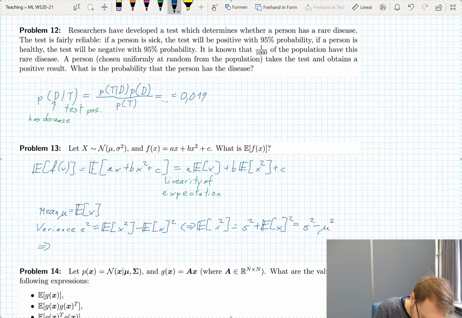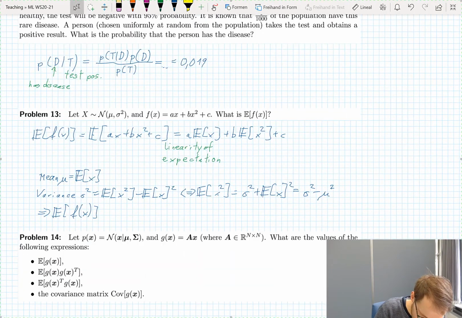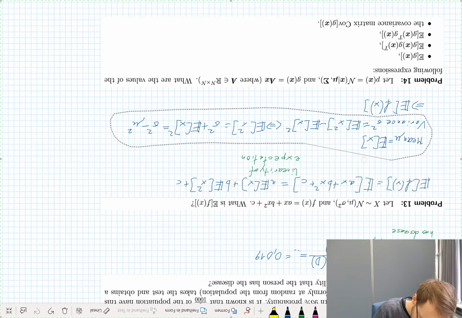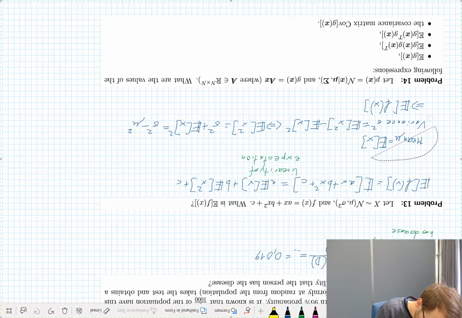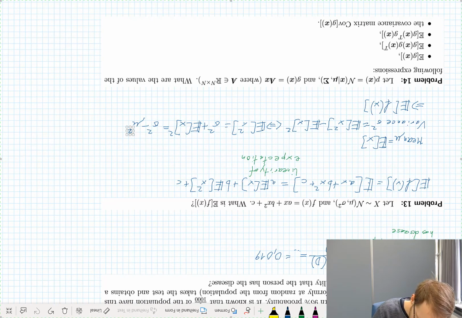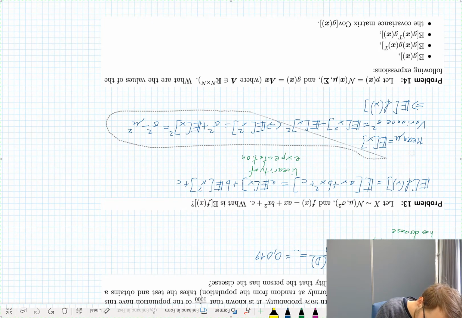So therefore, E of f of x. Let's actually make this green, if it works. Yep. Ah, come on. What's going on here? I mean, I know what's going on. My computer is overheating and therefore it doesn't like doing stuff anymore.